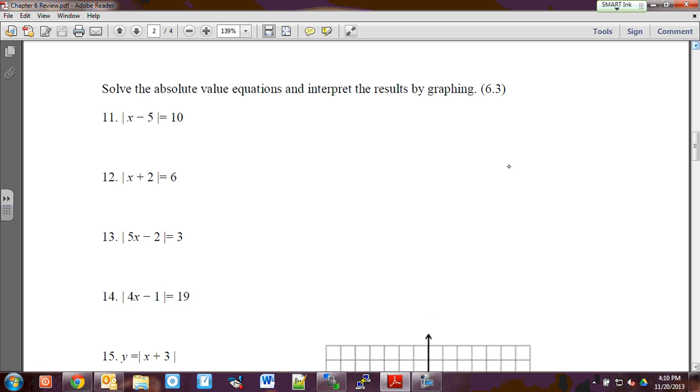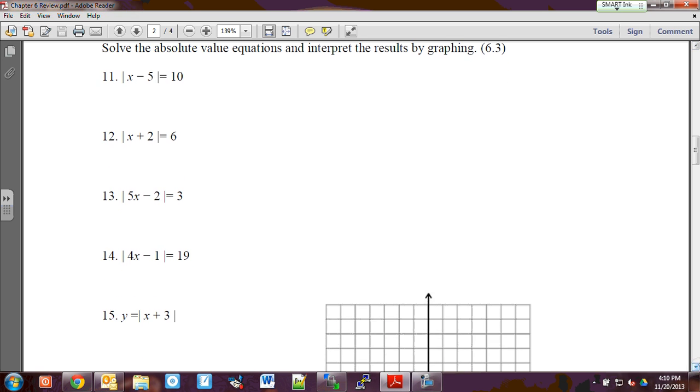Alright, solve the absolute value equations and interpret the results by graphing. Now when you solve absolute value equations, you have to make two, because the absolute value of x minus 5 equals 10, well, it could also equal negative 10. So you're going to have to solve x minus 5 equals 10 and x minus 5 equals negative 10.